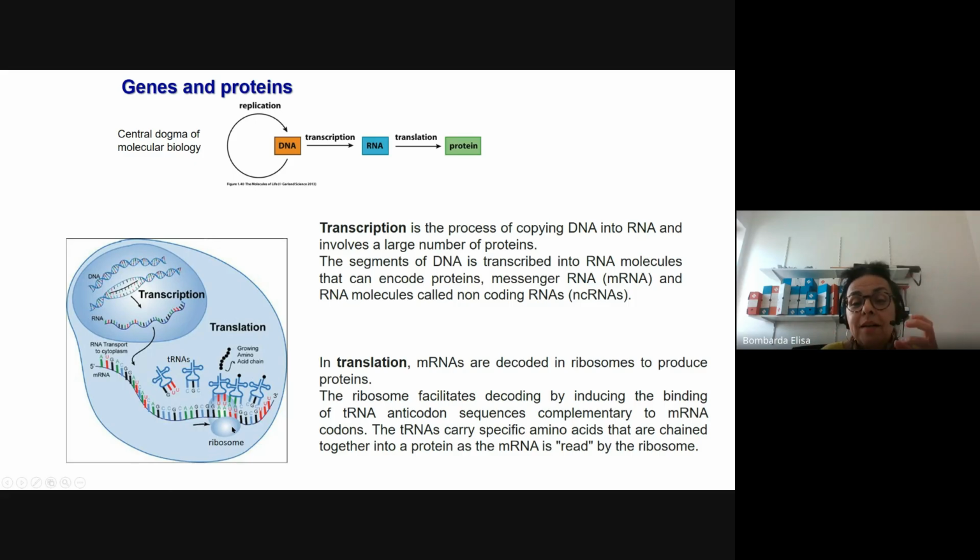The ribosome keeps things together and facilitates the decoding by inducing the binding of tRNA. There are several types of RNA: one that brings the message, and the other that has the anticodon, which is complementary to the codon present in the mRNA.